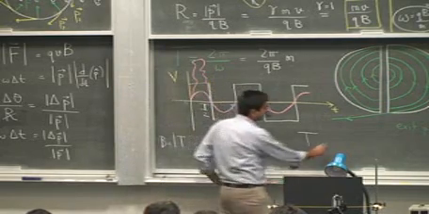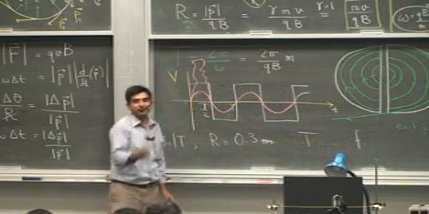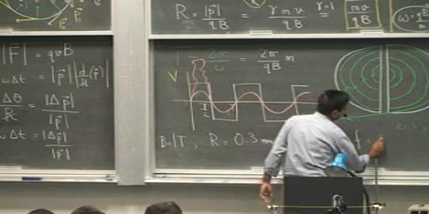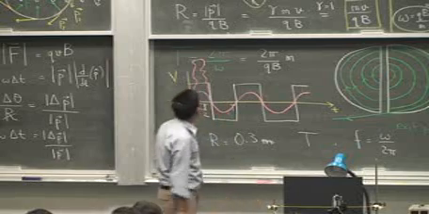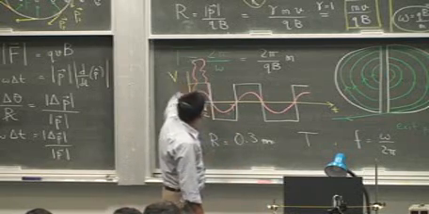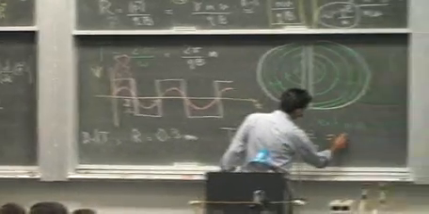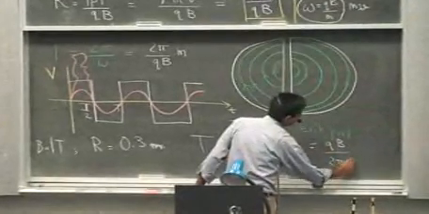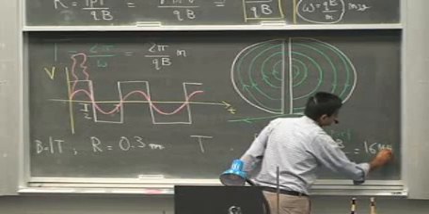If I calculate the frequency, the number of cycles it makes per second, this is just omega over 2 pi. This is the inverse of the time period. This is simply QB over 2 pi m. This turns out to be about 16 megahertz.